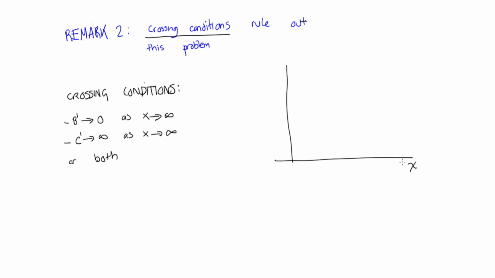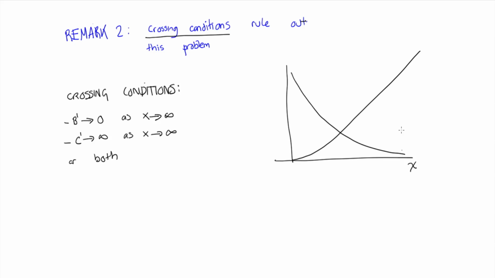If I plot x, if the first thing is true, it's telling me that the marginal benefit is going to 0. So it's approaching asymptotically 0 as x gets very large. The second means that the marginal cost is getting very, very large as x increases.